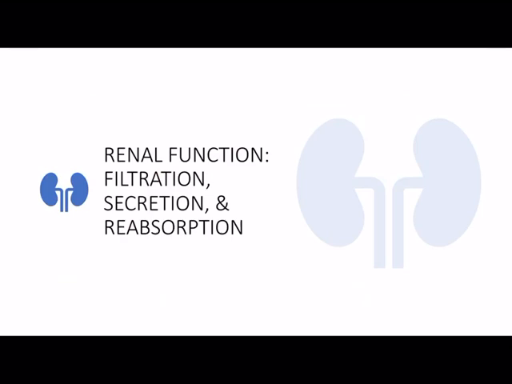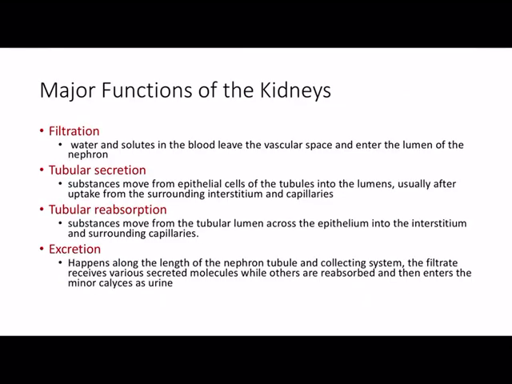So we'll just briefly discuss the renal functions: filtration, secretion and absorption. Your kidneys function to filter water and solutes in the blood, so blood will leave the vascular space and enter into the lumen of the urine. Tubular secretion is substances moving from the epithelial cells of the tubule into the lumen, usually after uptake from the surrounding interstitium and capillaries.